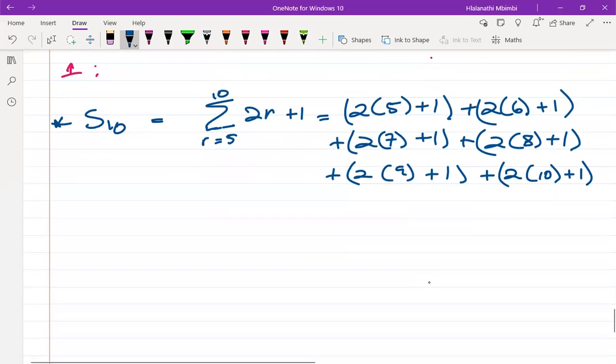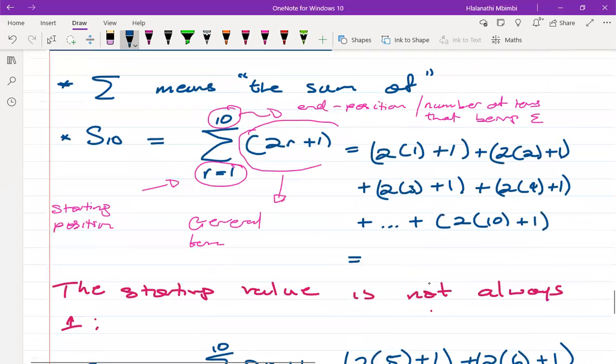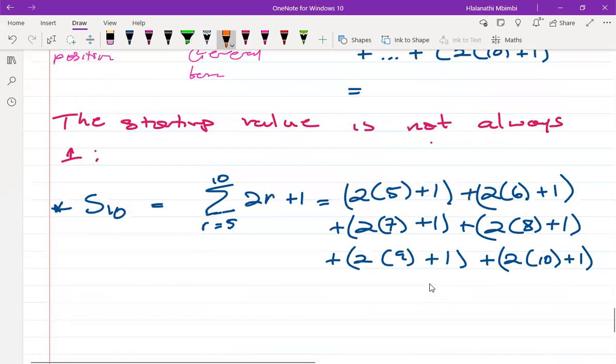Now here, if you look at this, you were adding 10 things, right? If you look at what this was saying, that number at the top is the number of terms that are being added. So in this case, we're adding 10 terms, right?